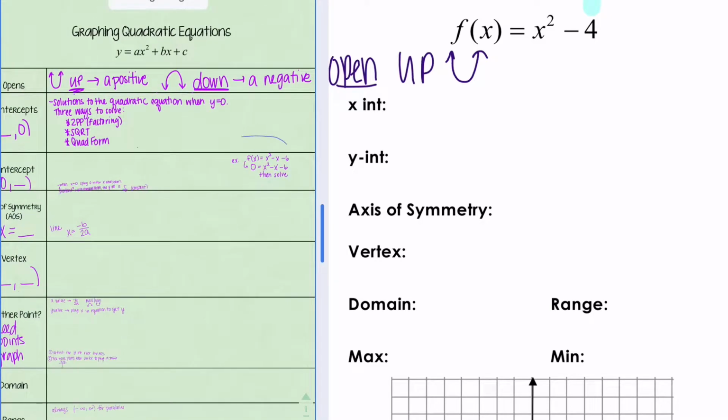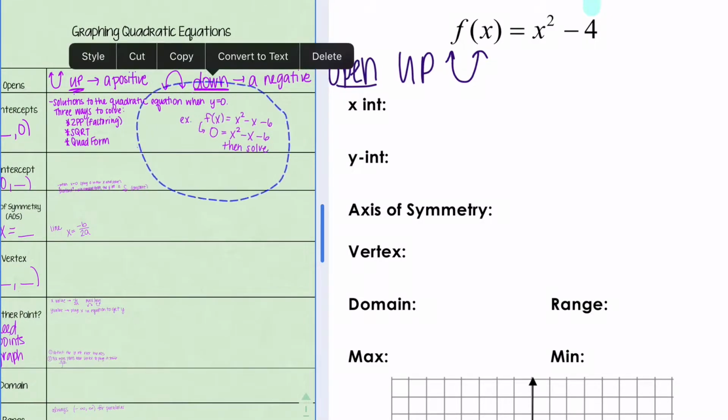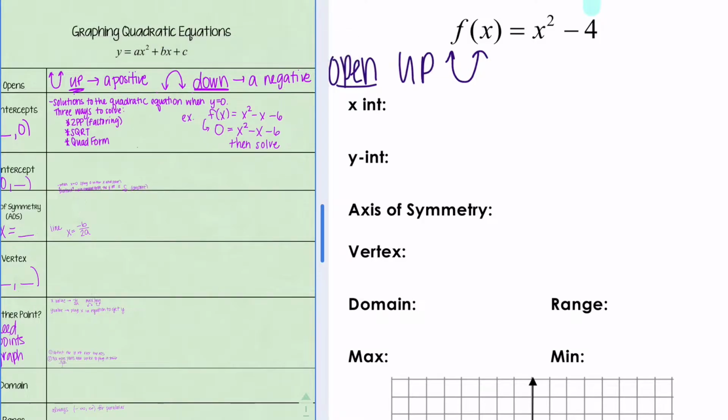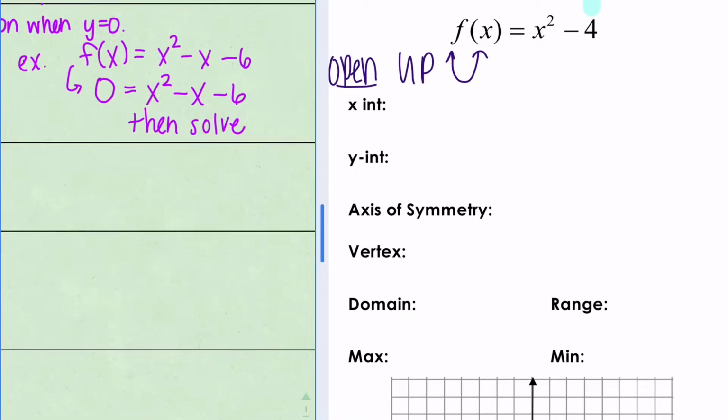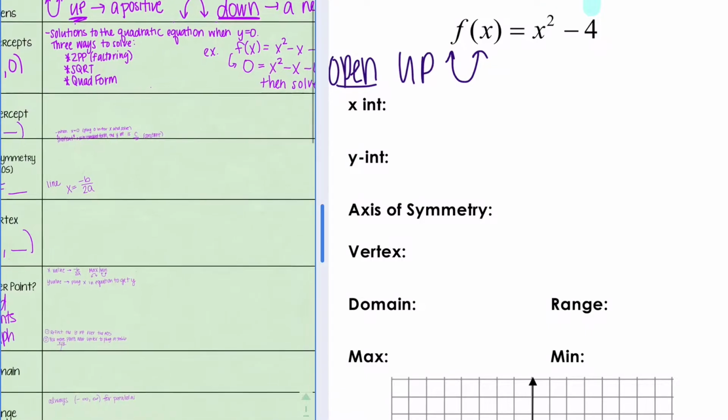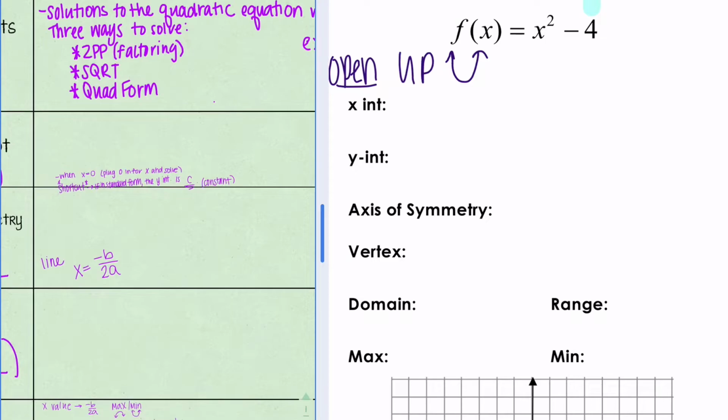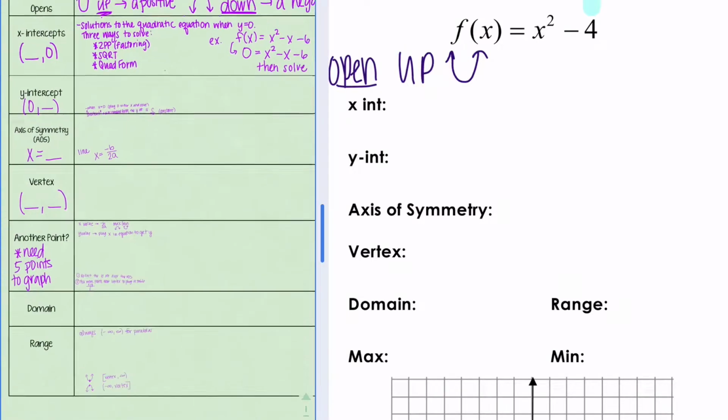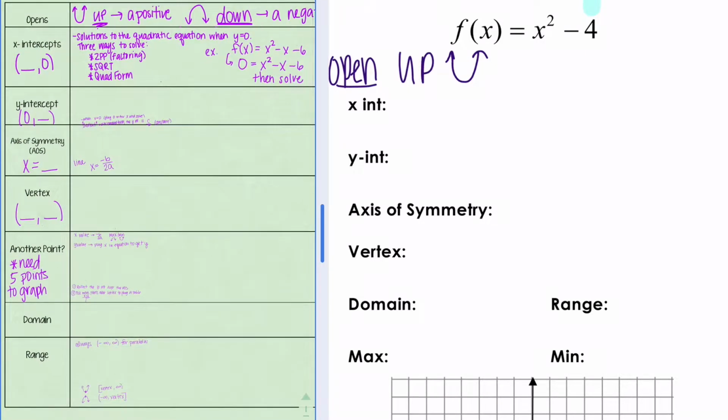And what I mean by y is a lot of times we're going to have written f of x. So for example here, I would like you to take f of x, change it into 0, rewrite, and then solve. So in this case, we'd probably factor, then solve. And then just a quick reminder, 3 ways to solve: zero product property, factoring, square root method, or quadratic formula. So you might need to pause and make sure you have all that written down.